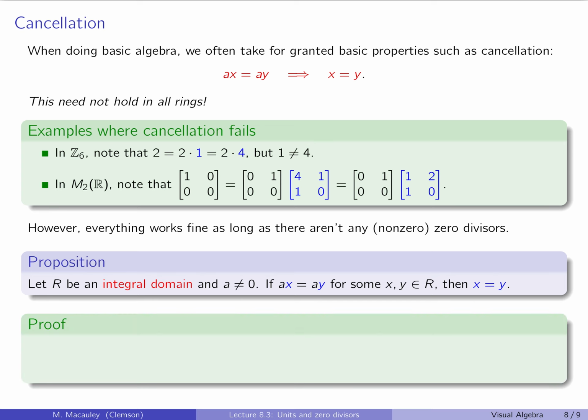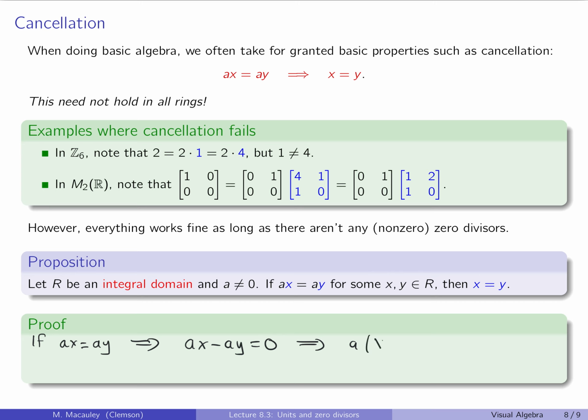So how do we prove this? There's not much we can do. So let's just suppose that ax equals ay. Well, we can subtract these things and write ax minus ay equals 0. And we can factor out an a, right?